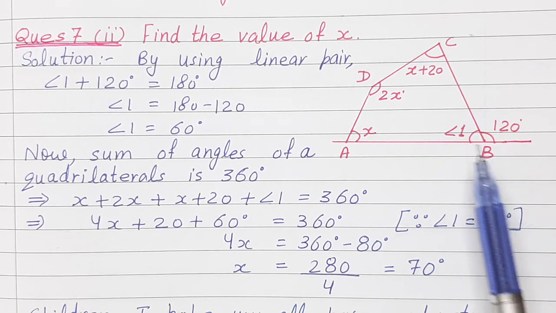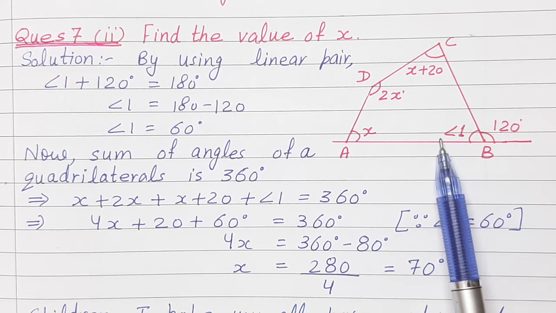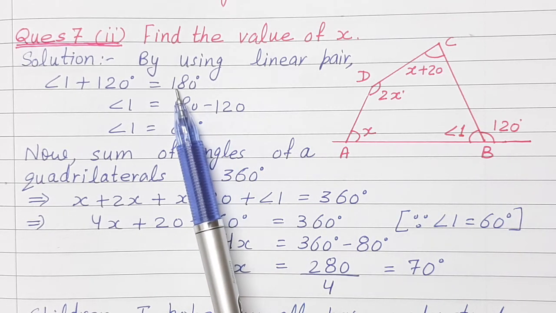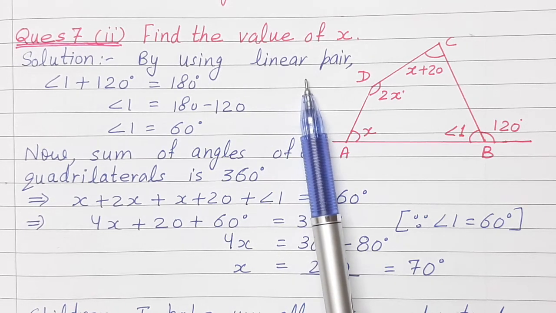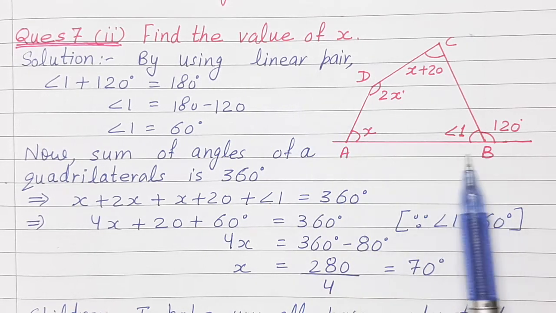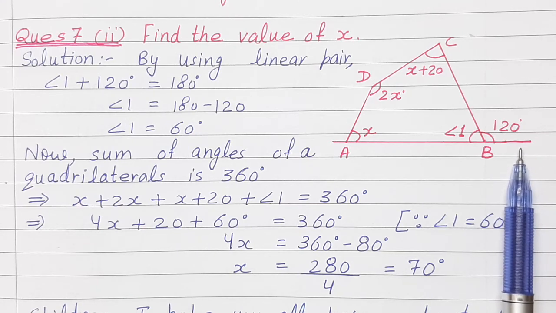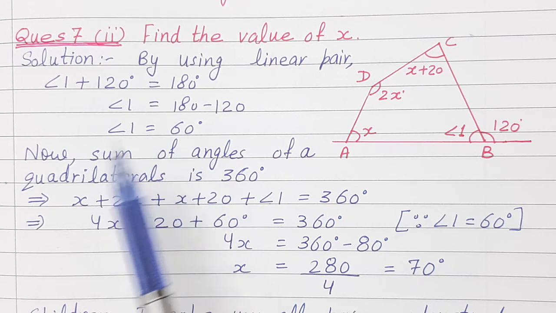First of all, let us find angle 1, where angle 1 plus 120 degree is equal to 180 degree. Why so? By linear pair. Angles on a straight line, the sum is always 180 degree. So therefore, angle 1 is 60 degree, right?